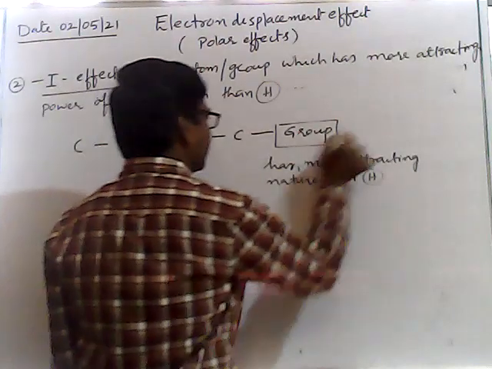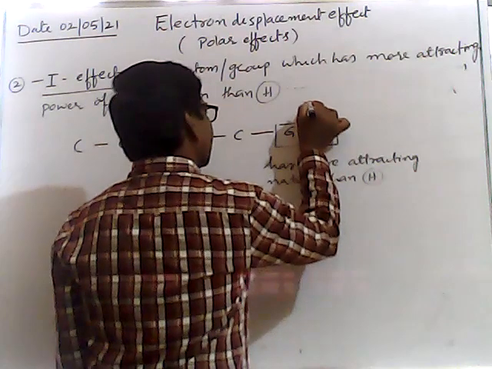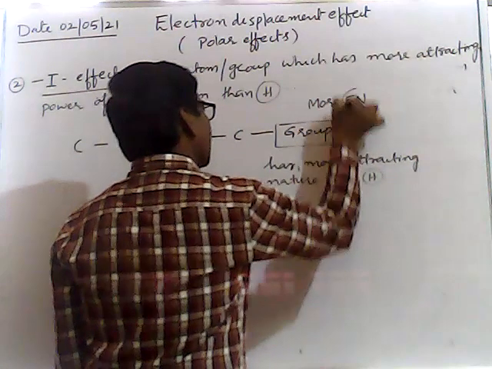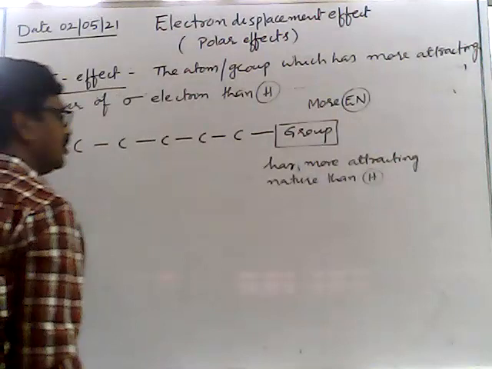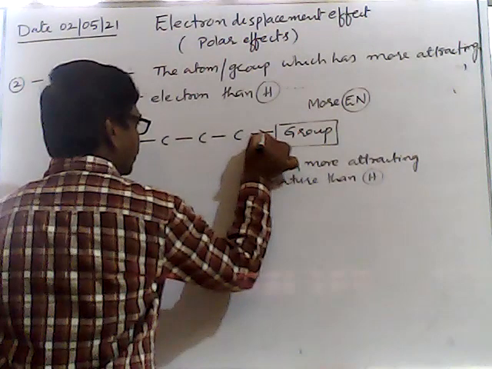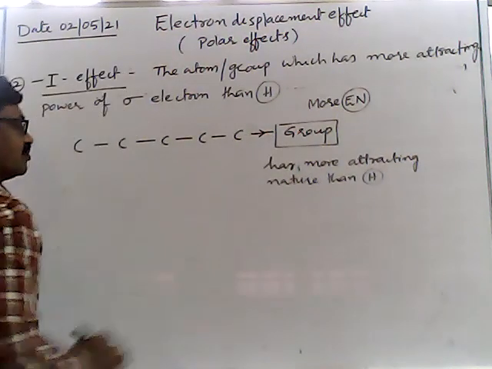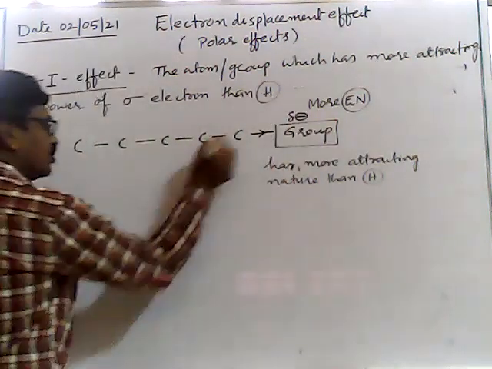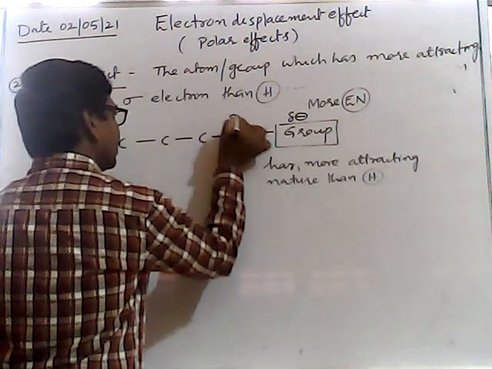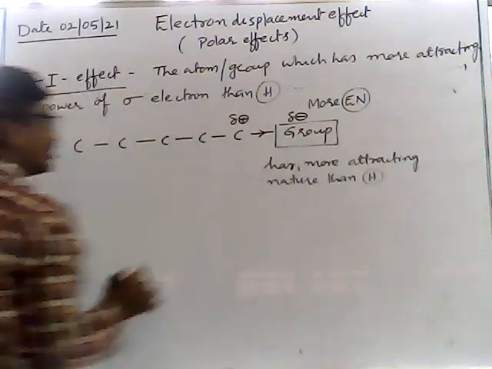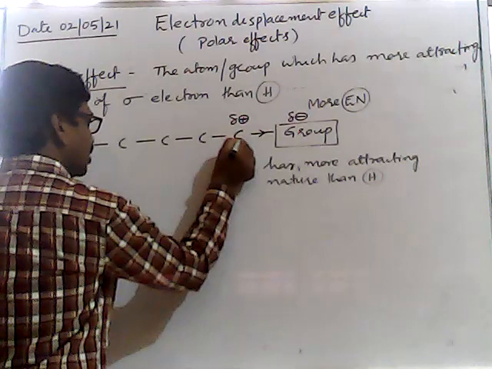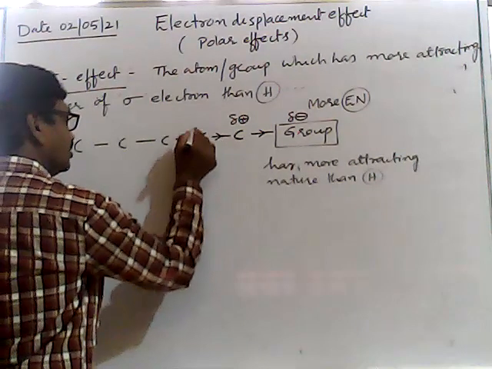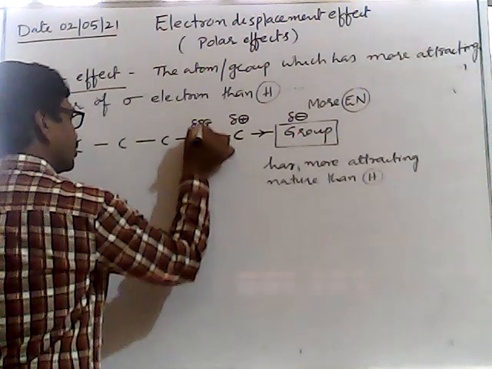That indicates what? It has more electronegativity. More electronegativity means these sigma electrons are now transferred to the group here, so that it will get partially negative charge. So the carbon of the carbon chain will take partially positive charge. So to compensate this positive charge, the adjacent carbon attracts sigma electrons. So here double partial positive charge is written.